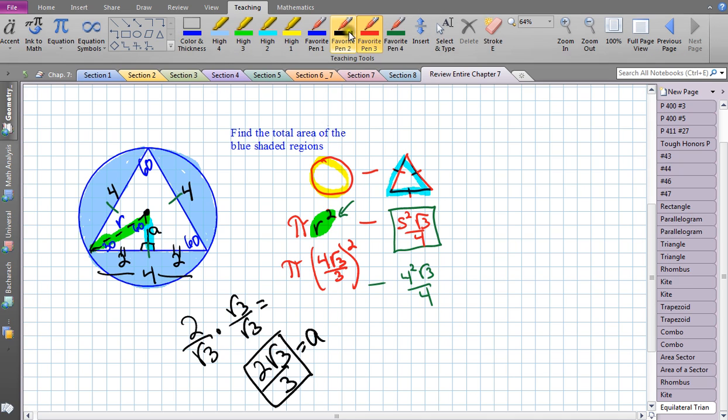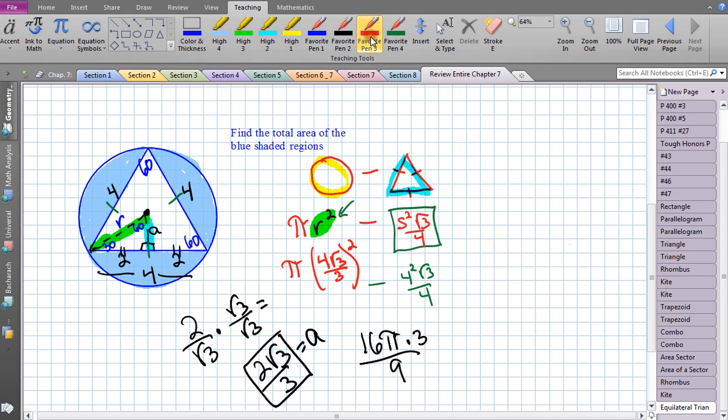We're almost done here. We just have to simplify, and let's see what we get. When I square this, every single number in here gets squared. So I'm going to write 16 pi, because 4 times 4 is 16, and radical 3 times radical 3 is 3, and 3 squared is 9.